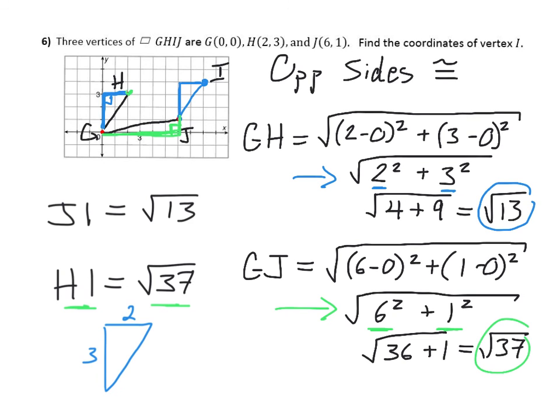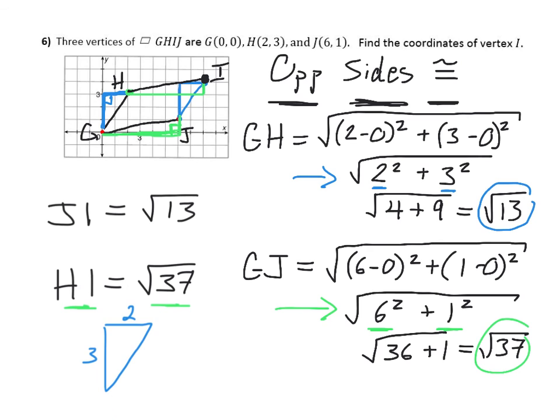So starting from point H, I'm going to draw a right triangle with a base 6 and a height 1. And that's going to give me the same length. That's going to give me that radical 37 as well. So in this case, I've shown the location of point I by stating that the opposite sides must be congruent.